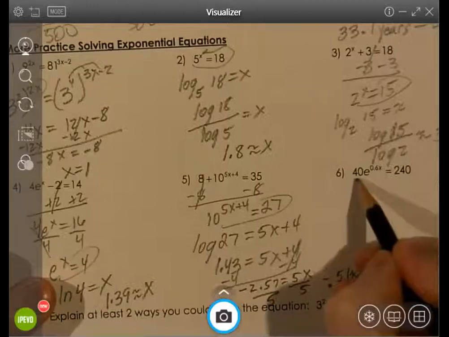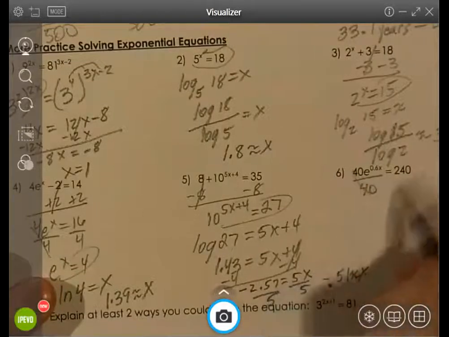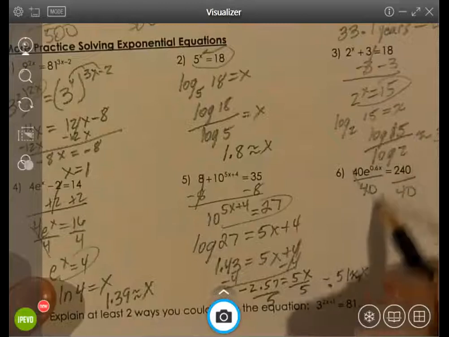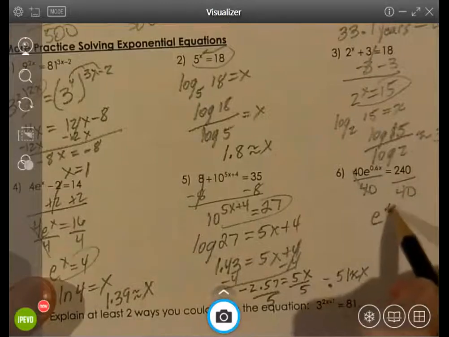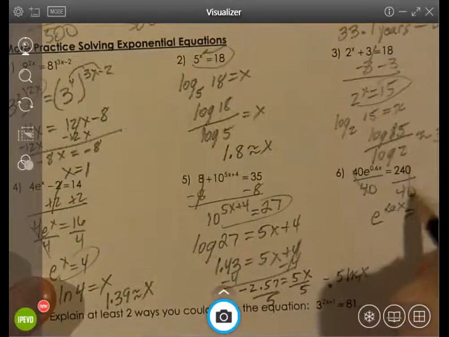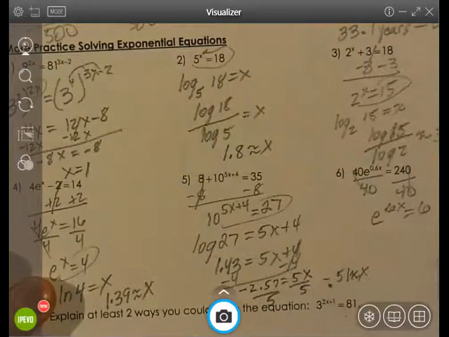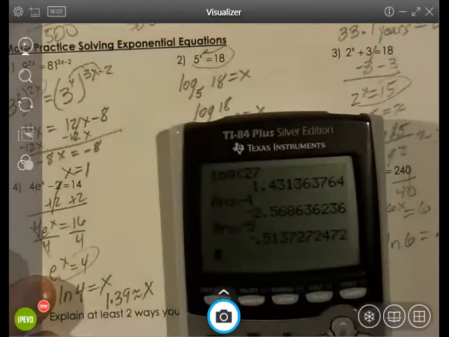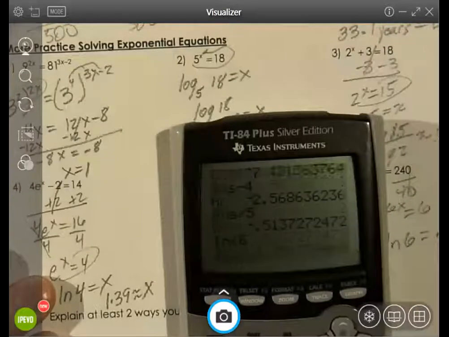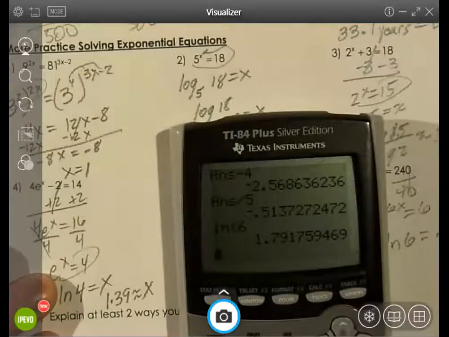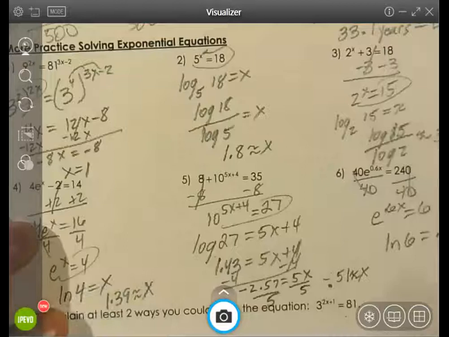Last one, or at least for this row. So that's e to the 0.6x. That goes in there 6 times. So you have the natural log of 6 that equals 0.6x. Natural log of 6, 1.80.